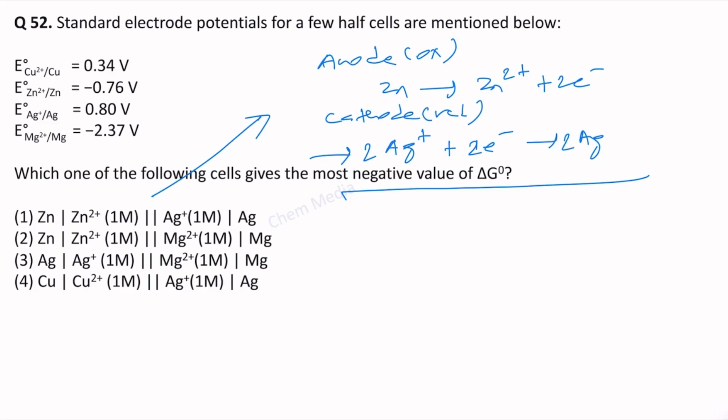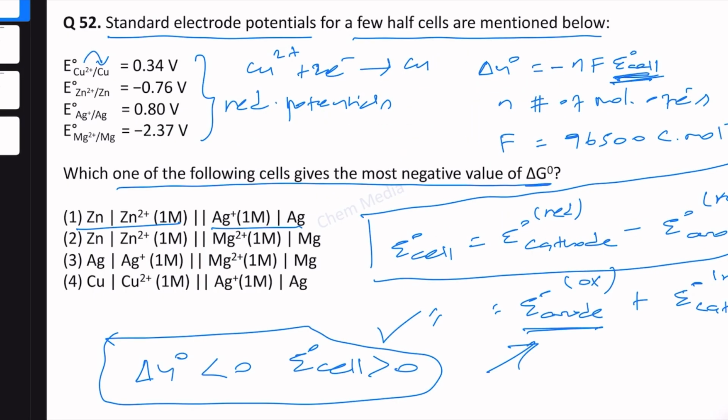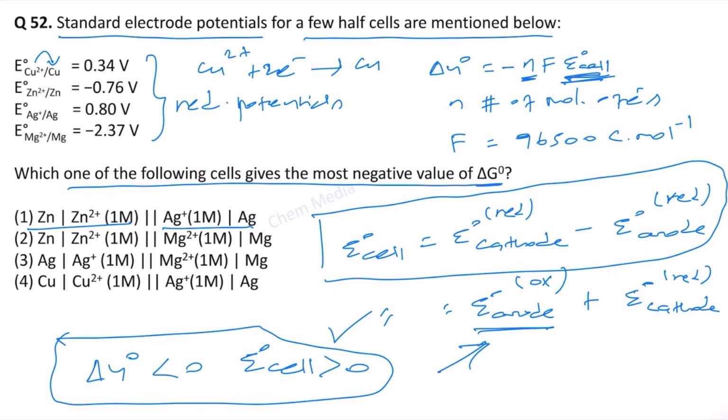Otherwise, we can't balance the equation. So everywhere the number of moles of electrons is going to be 2, so that is also constant. The net reaction in this case is zinc plus 2Ag+ giving zinc 2+ plus 2Ag. That's the net reaction. So n is constant everywhere, F is constant.